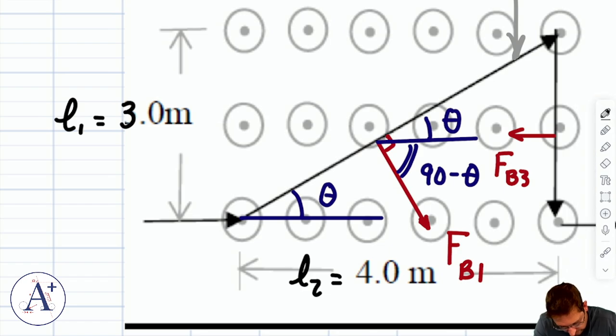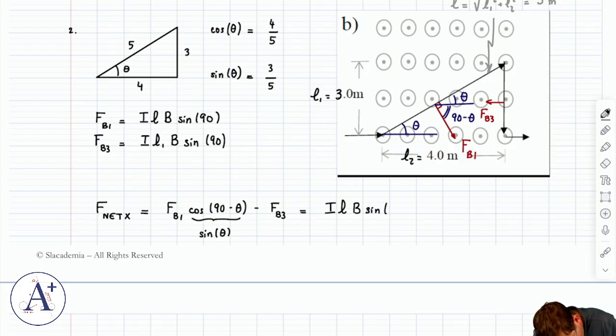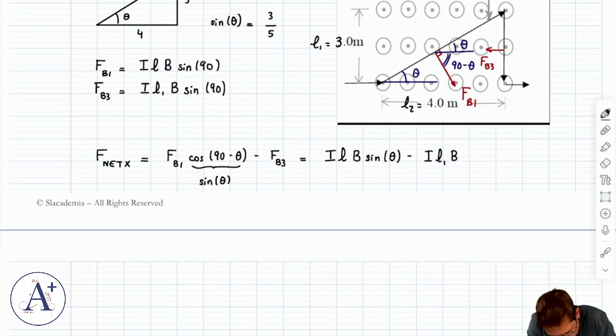Okay, so FB1 is going to have an x component that is FB1 cosine of 90 minus theta, minus then FB3, which is to the left. Okay, so FB1 is I, L, B, and then cosine of 90 minus theta is sine theta, minus I, L1B.